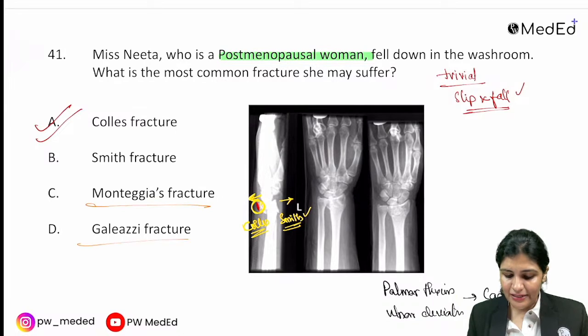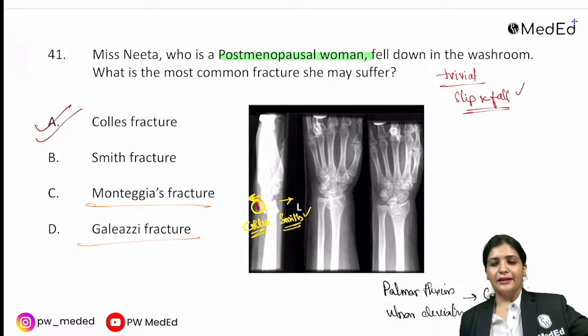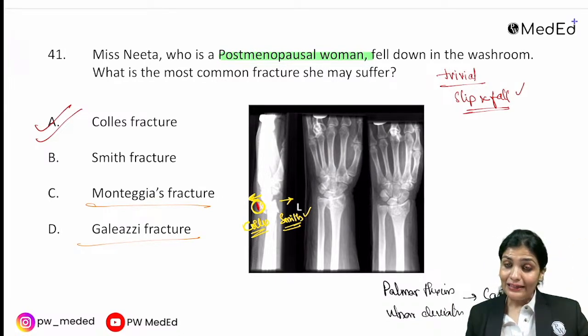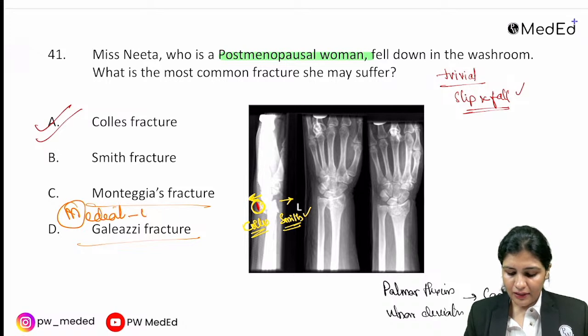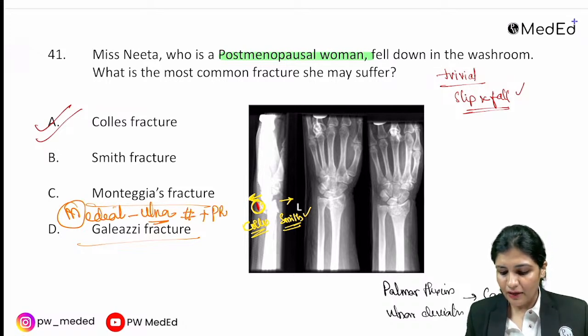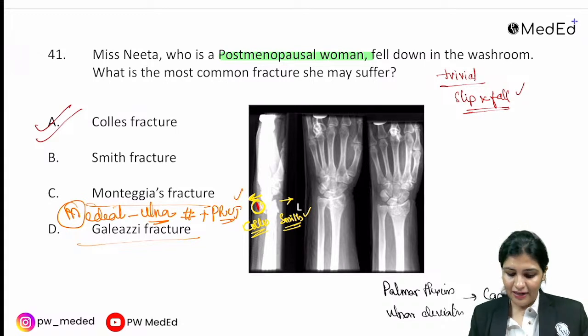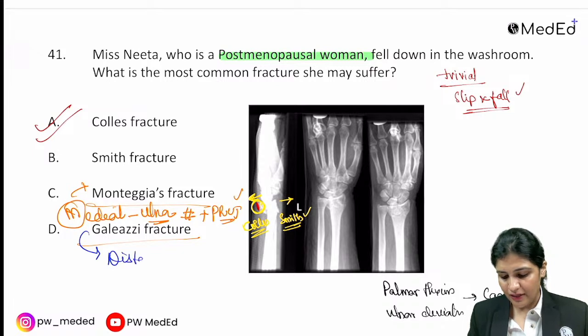So Monteggia and Galeazzi, we have already dealt with Monteggia, that is the proximal ulna fracture with the proximal radial head dislocation, right? So M for M, medial, that is ulna bone, so there will be ulna fracture plus proximal radioulnar joint, that is radial head dislocation, for Monteggia. Then for Galeazzi, you have distal radius fracture plus distal radioulnar joint dislocation.